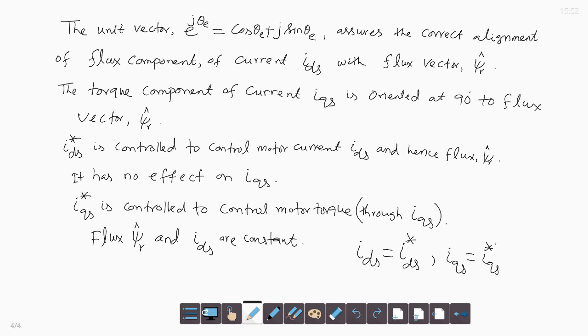So, there is no dynamics involved, and the response is instantaneous. The inverter has no delay, and all the transformations do not take any time.